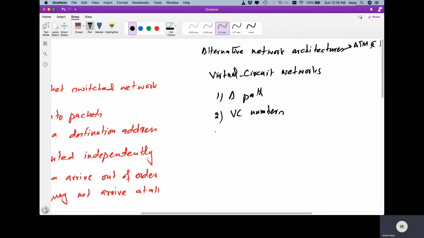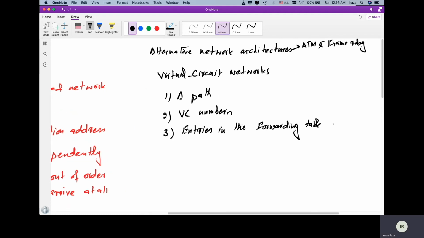We'll try to understand it with the help of an example in a minute. And number three, obviously, there are entries in the forwarding table of each router.